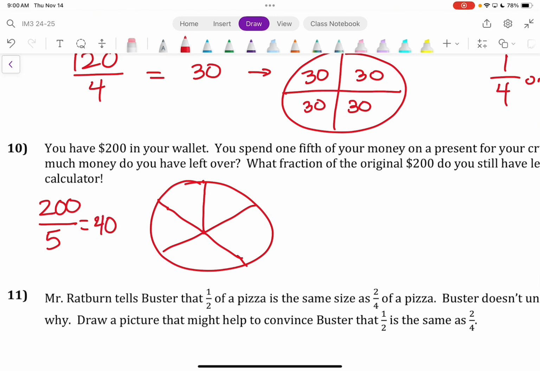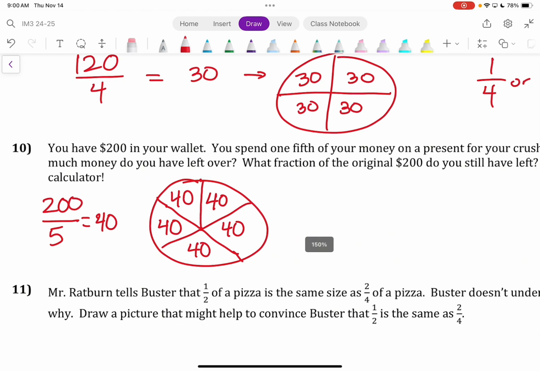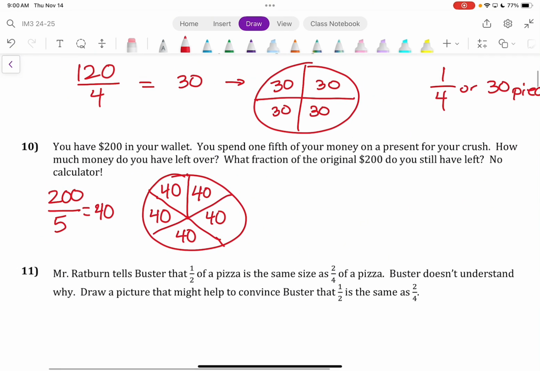So that means each fifth is composed of, in this case, the units are dollars. So each fifth is $40. Now, if you spent $40, how much are you left with? So you're left with 160, which is the equivalent of 1, 2, 3, 4, 4/5.